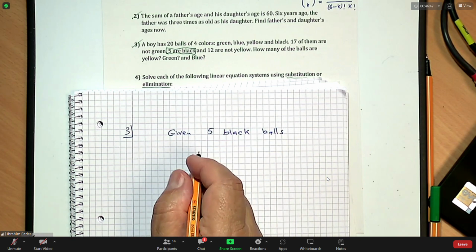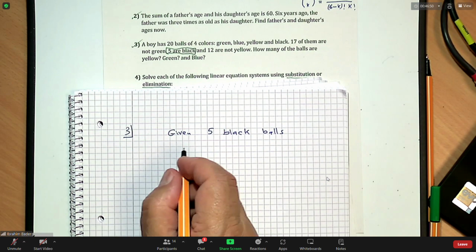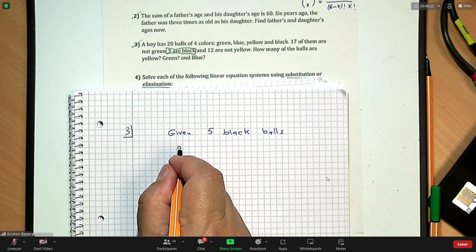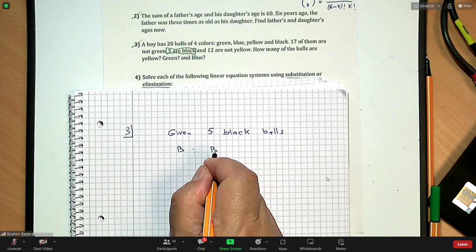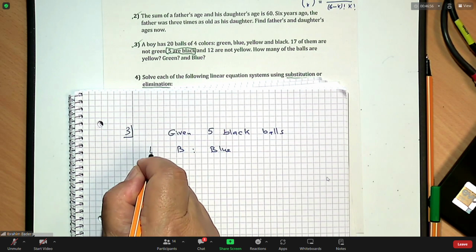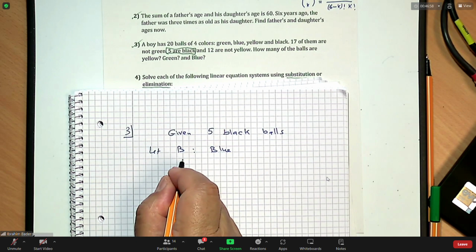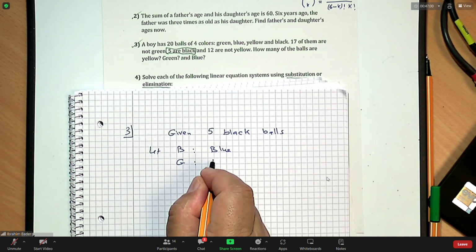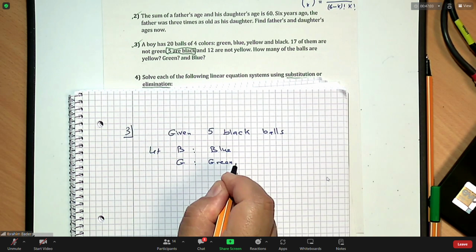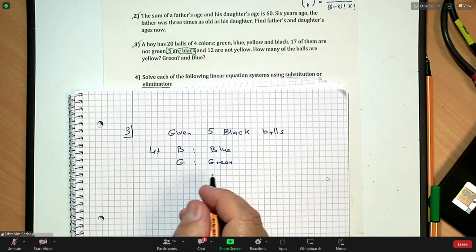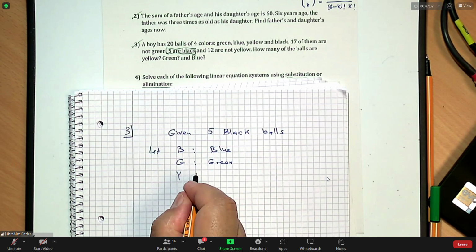So one is solved already. Then let's assume that B stands for blue, G for green, and Y for yellow.